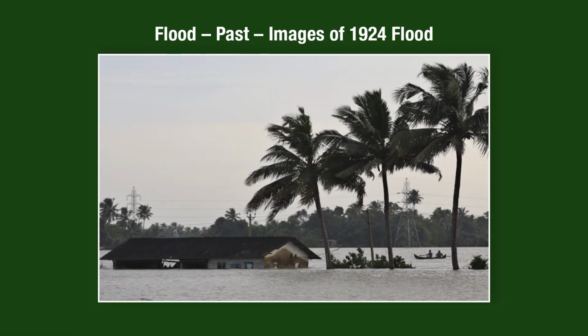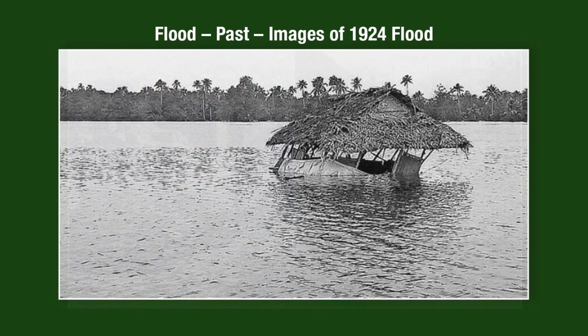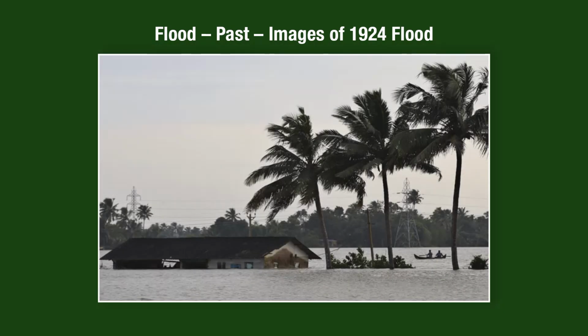As you can see in the first picture, a railway wagon, a railway engine and a railway station, and the entire railway system that existed in Munnar was demolished fully in the flood of 1924. You can see pictures of demolition due to the flood in the second, third and fourth pictures.